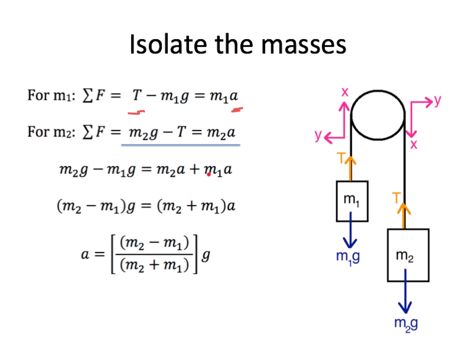Now on the left side, I can factor out a G because there's a G in each of these terms, and on the right-hand side, there's an A on each term, so I can factor out an A. That gives me M2 minus M1, all times G, is equal to M2 plus M1, all times A. If I divide both sides by this term, I can solve for the acceleration, and that tells me that A is going to be M2 minus M1 divided by M2 plus M1, times G.